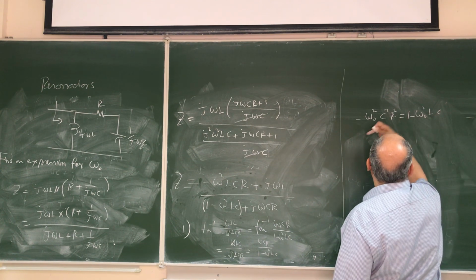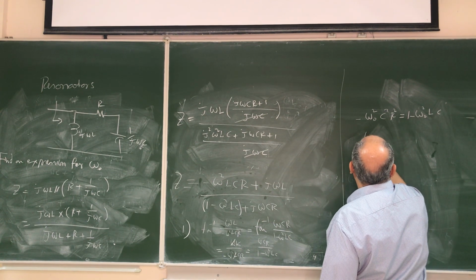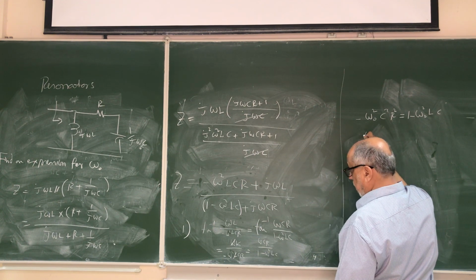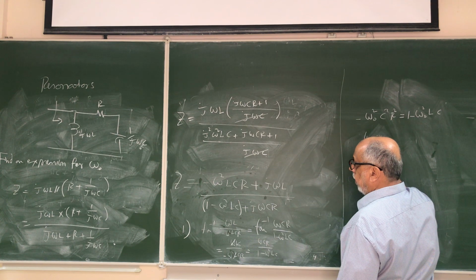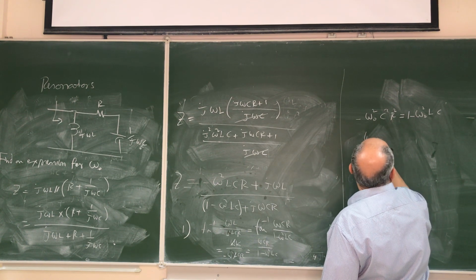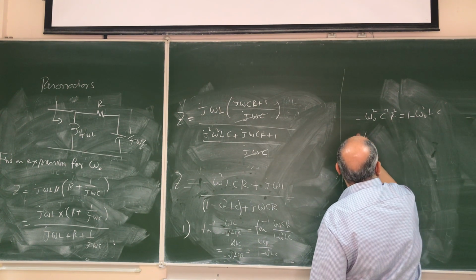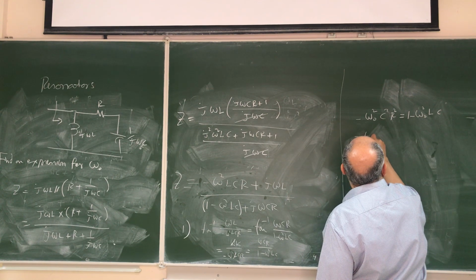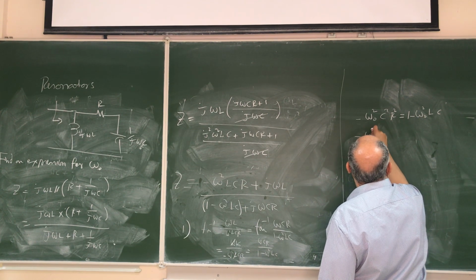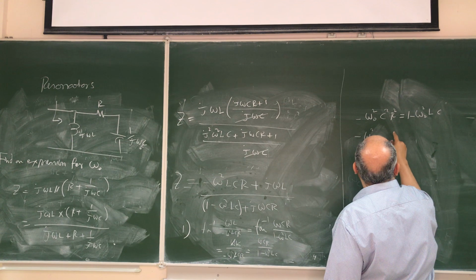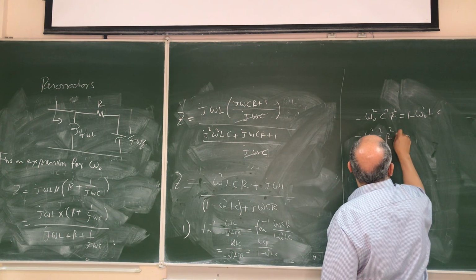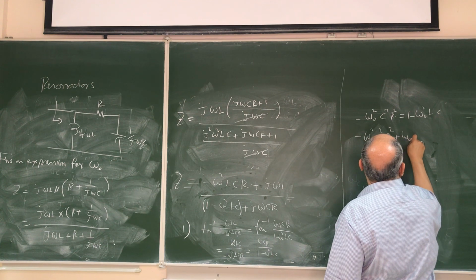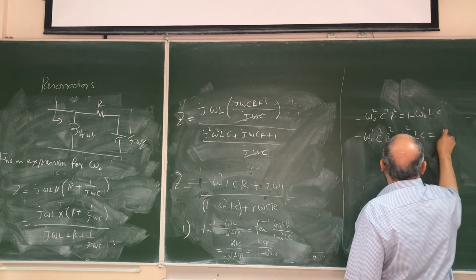If we take this to the other side, then we have minus omega naught squared C squared R squared plus omega naught squared LC is equal to 1.